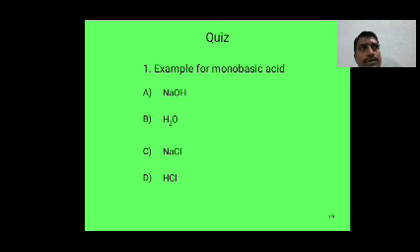H2O produces H plus ions but only partially dissociates. NaCl is a salt that produces Na plus and Cl minus. So the answer is D.